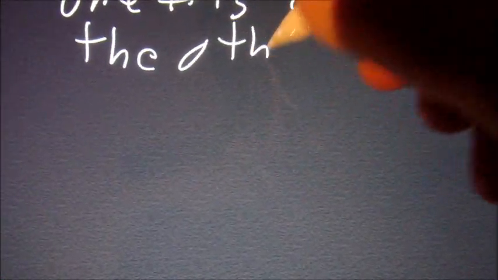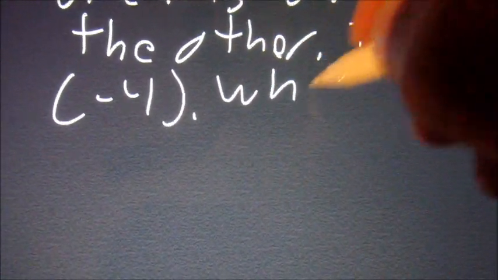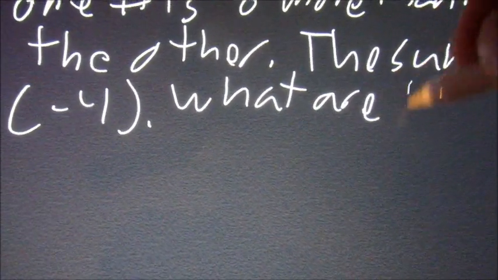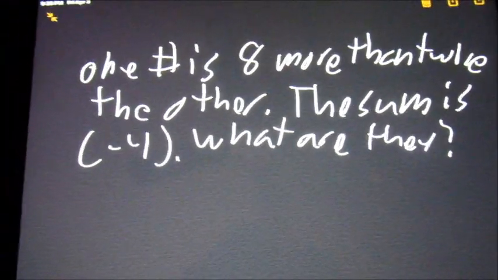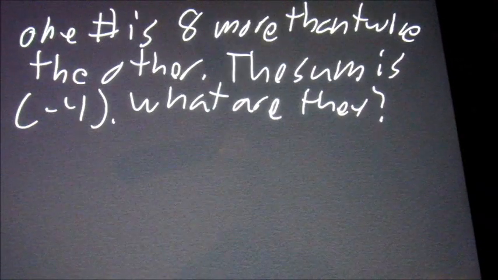So one of the types of problems that you're going to get here is: one number is 8 more than twice the other. The sum is -4. What are the numbers? So we see that one number is compared to another.